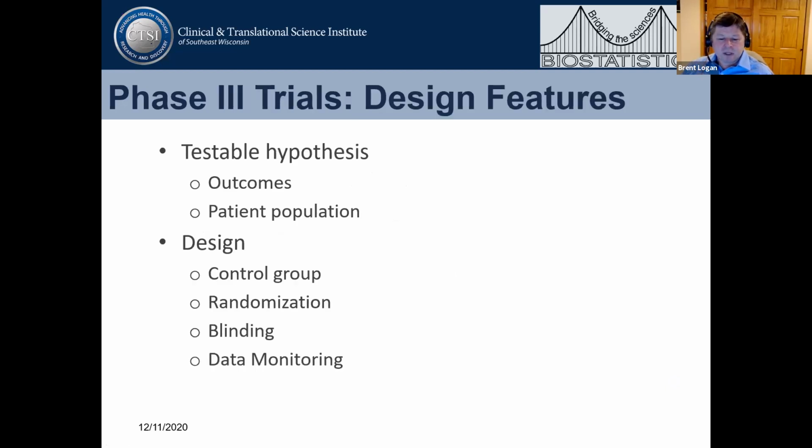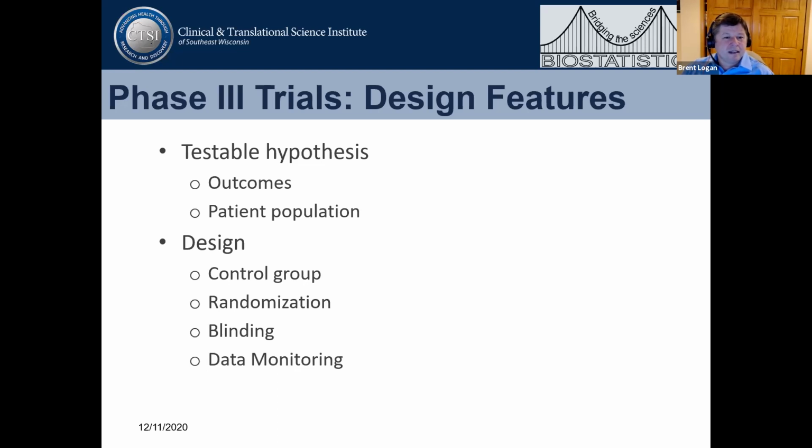So let's talk about phase 3 trials. The design features for phase 3 trials are typically the hypotheses that you're trying to test and the design that you use to test them. The hypotheses refer to the outcome you're hoping the treatment affects, as well as the type of patients that you think the treatment will affect that outcome in.